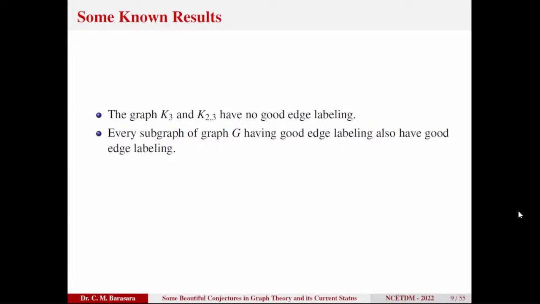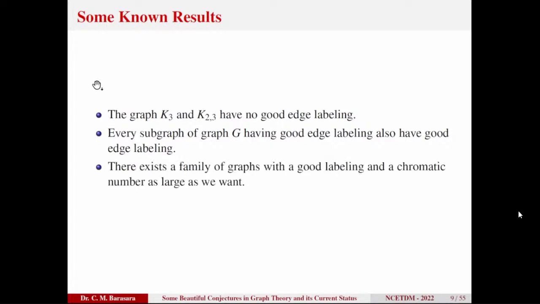That is, every subgraph of a graph G having a good age labeling also has a good age labeling. And this is an interesting one. There exists a family of graphs with a good age labeling and a chromatic number as large as we like. The graph with chromatic number n and a good age labeling? Yes, we can have it. So these are the known results.